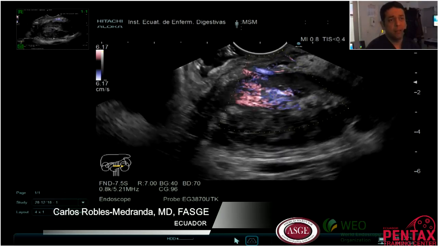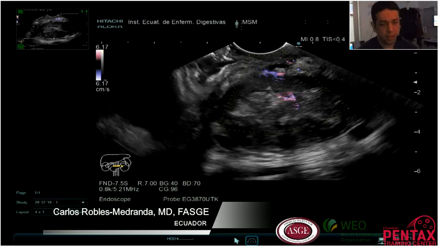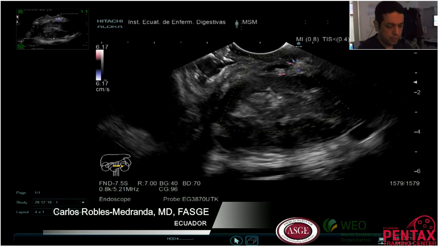So now I am in the head of the pancreas. I will freeze my image. You can see here, this is the collection that we have with this patient. This patient now has a lot of pain, even when she's eating any kind of food.